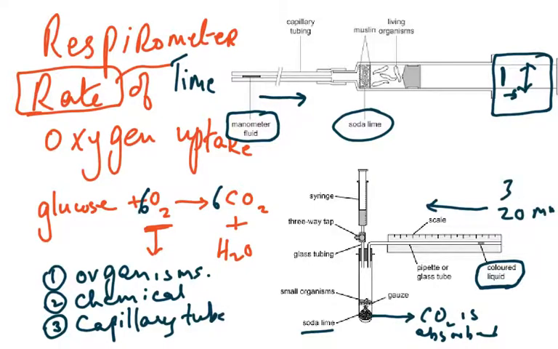Did it move 30 millimeter? Similarly here also, there will be a scale which is going to measure how much this dye or manometer fluid is going to move. So respirometers can be of any type, but they have to have these 3 ingredients, and that is what you have to understand.